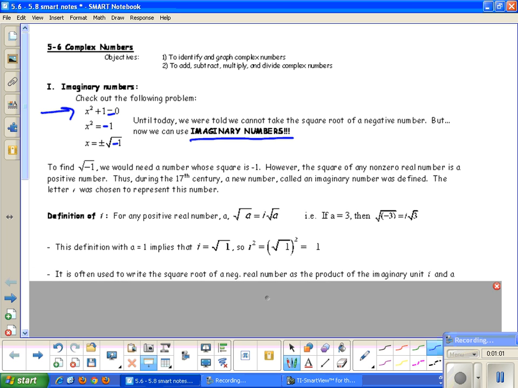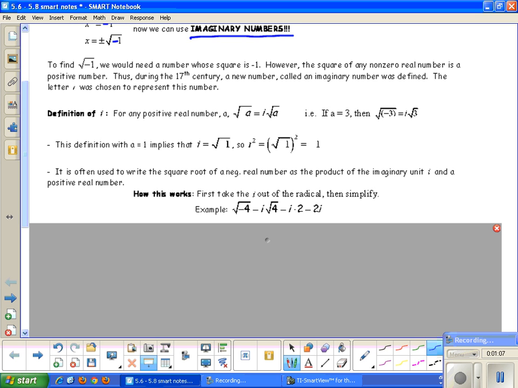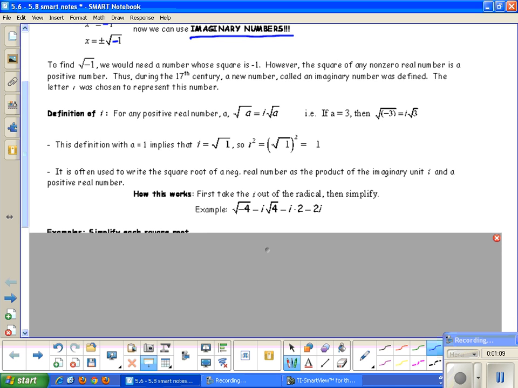For this, let's go down to this problem right here. Right up here we have i equals the square root, and that should say negative there, it just got cut off for some reason. So I know that i is going to be equal to the square root of -1. That's the definition of an imaginary number.